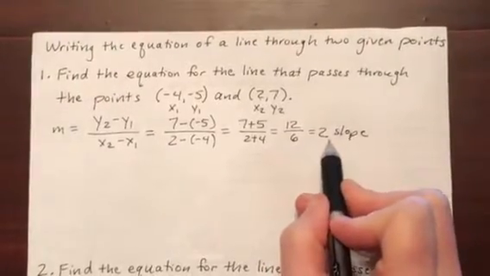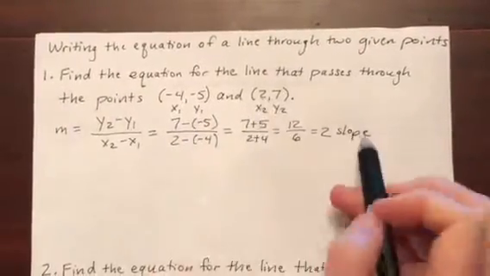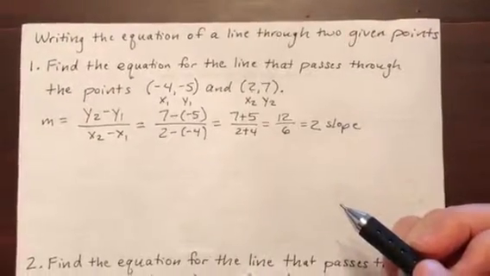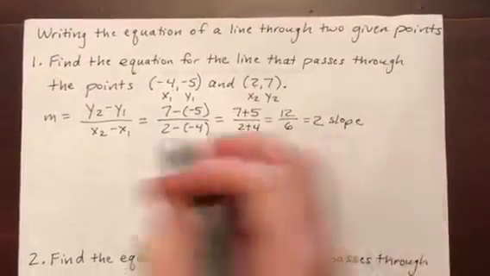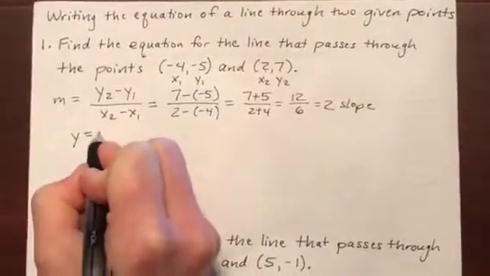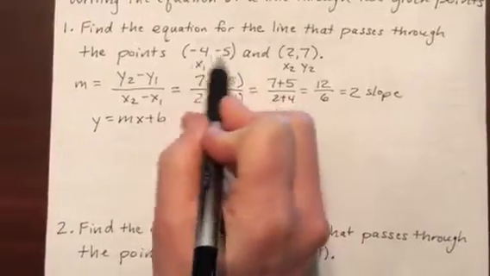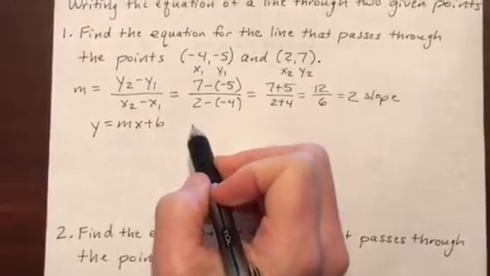All right, next we need to take one of these points and this slope and plug it into the y = mx + b form. So if we're starting with y = mx + b, let's just choose our first set of ordered pairs.